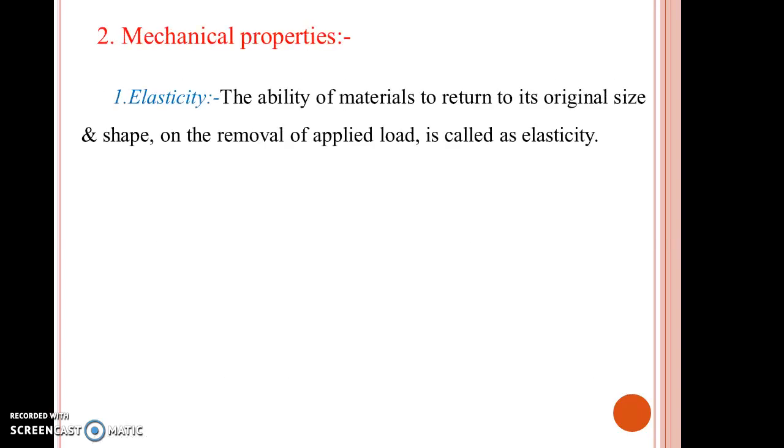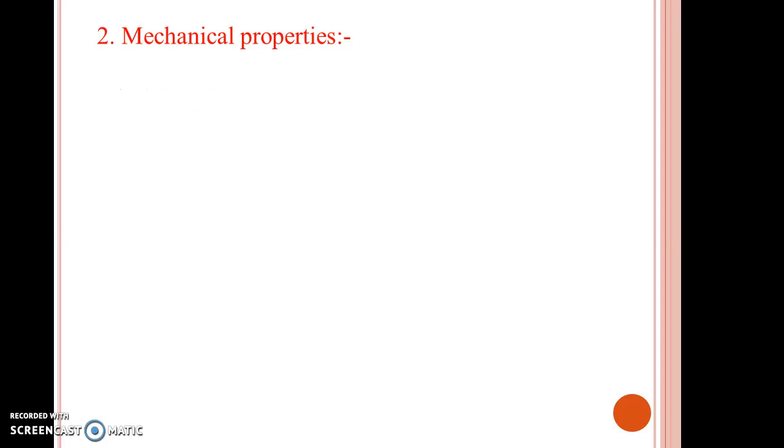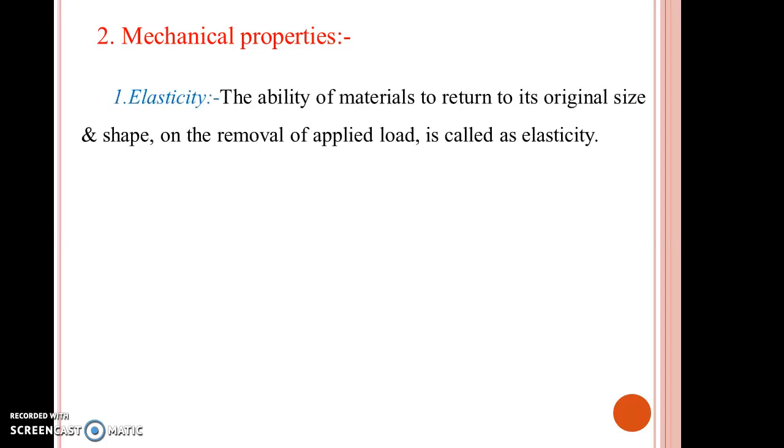Okay, now we have to start the topic from the mechanical properties of the section. That means, here section is nothing but different types of metal, different types of material we have to use here, and we have to test them with different types of testing.